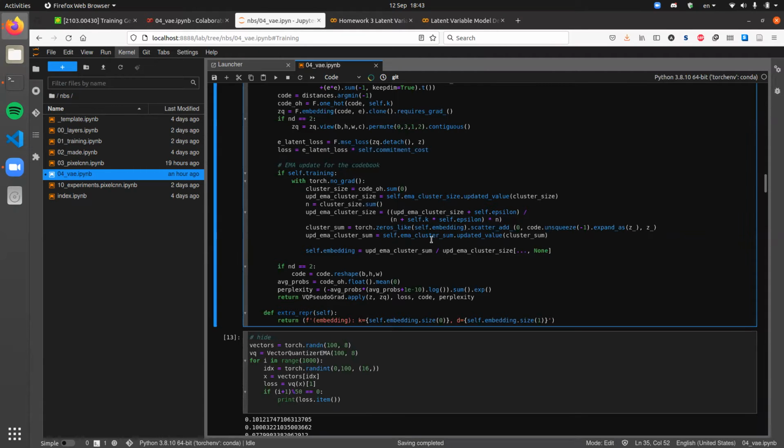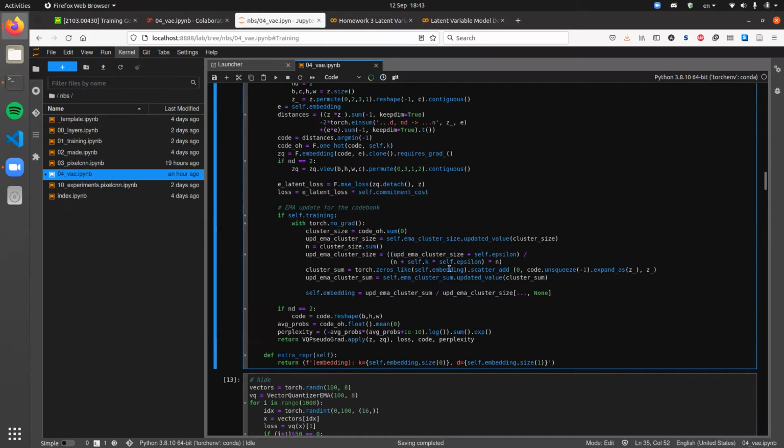So yeah, it's only the portion of learning the codebook that we changed to the exponential moving average. So we only changed the way we learn a codebook to make it independent of the optimizer updates we have.